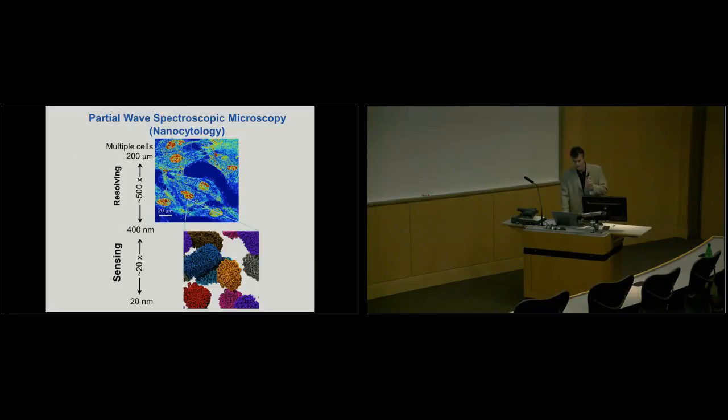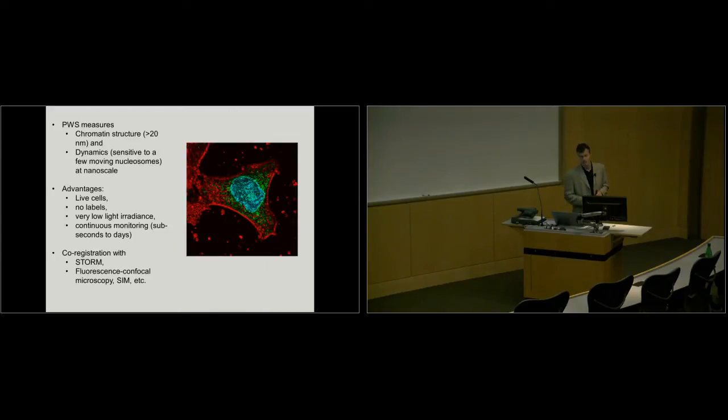And let me just talk about nanocytology then. As I mentioned, this technique can measure structure and dynamics at the nanoscale. It doesn't give you the resolution to resolve 20-nanometer objects.